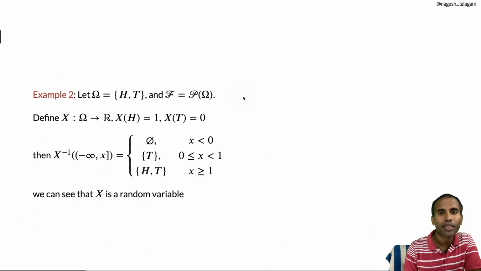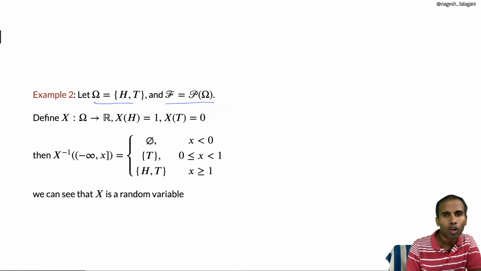Next example. In a random experiment of tossing a coin, we know that the sample space consists of just two possible outcomes, head and tail. This is the sample space, and our event space we are taking as all subsets of omega. Then X is defined as the function from omega to R, where head maps to 1 and tail maps to 0.